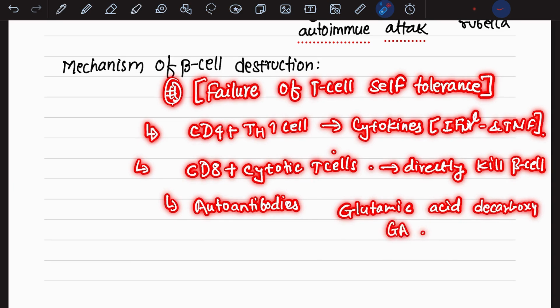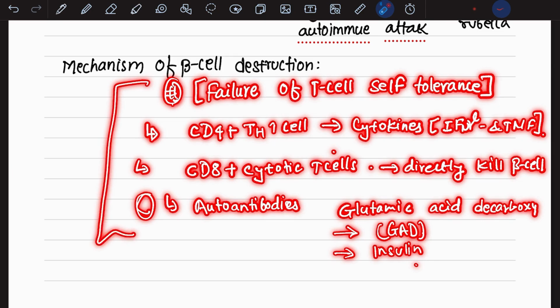So autoantibodies against this enzyme or insulin also occur, which can lead to beta cell destruction. So these are the basic mechanisms of beta cell destruction that can occur in type 1 diabetes.